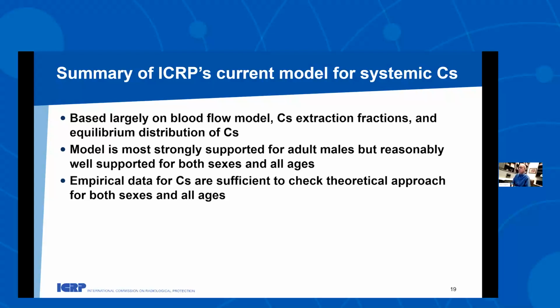The model is most strongly supported for adult males because there's a lot more information for adult males than for other segments of the population, especially on the distribution of stable cesium in the body. But the empirical data for cesium are sufficient to check the theoretical approach for both sexes and all ages. And thank you for your attention.